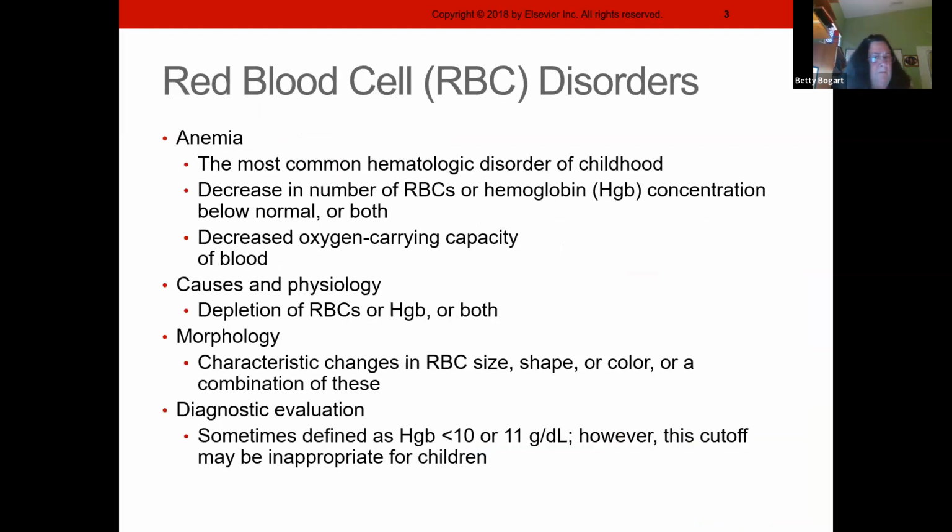As I said, the most common of all hematological disorders in children is anemia. It is a decreased number of red blood cells or hemoglobin. What do the red blood cells do?